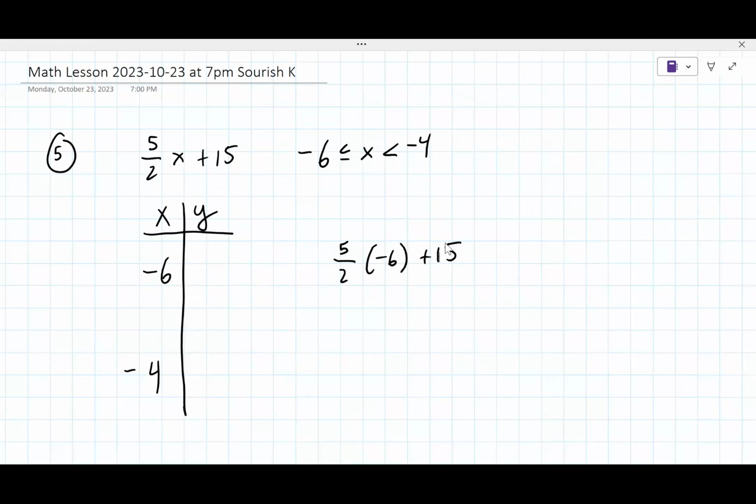I got it. So I should not use a calculator? You can use a calculator, that's fine.